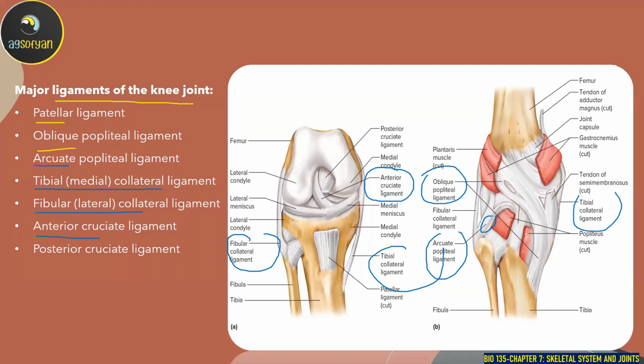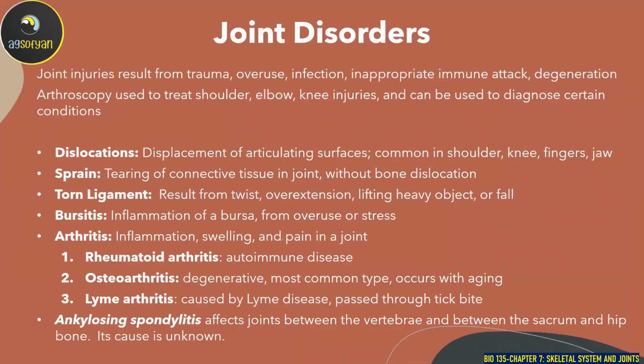So sometimes this small ligament over here can be broken. So this is the cruciate ligament, and the posterior cruciate ligament, which is on the back, under the anterior cruciate ligament. So these are several ligaments that strengthen the knee joint.